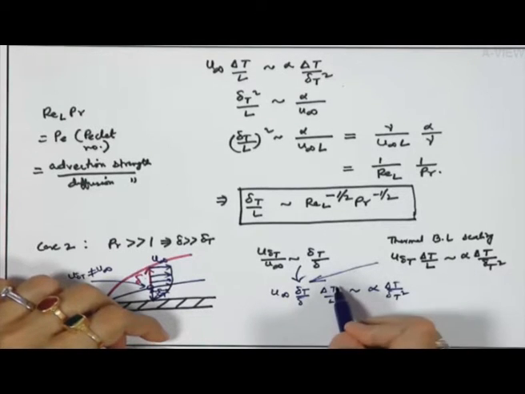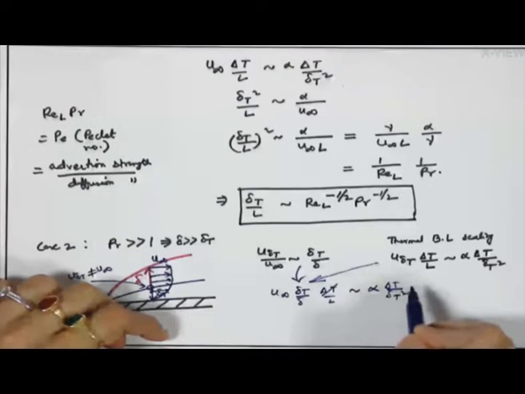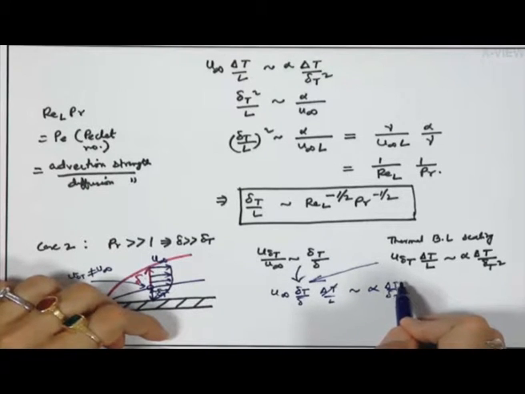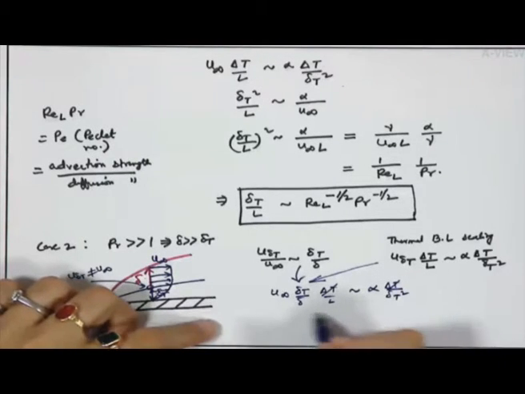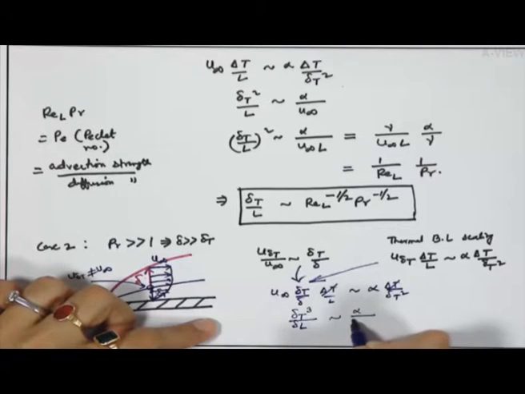So, now you can cancel these and you can write delta T cube by delta L is of the order of alpha by U infinity.